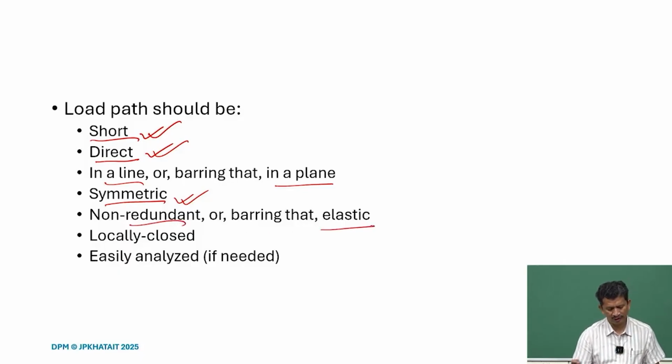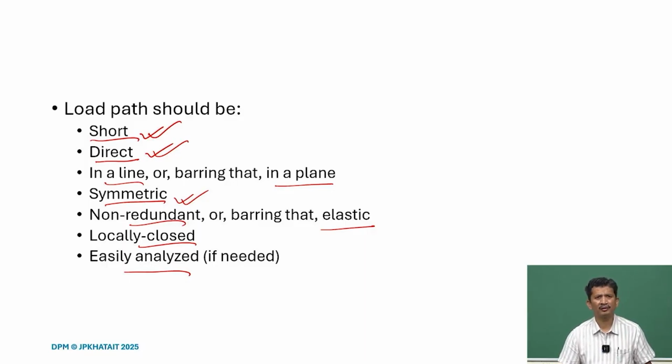Non-redundant or elastic. If it can be locally closed, that's even better. It may not transfer to the other components. And of course, if it's easily analyzed, then we should be able to dimension the parts accurately.